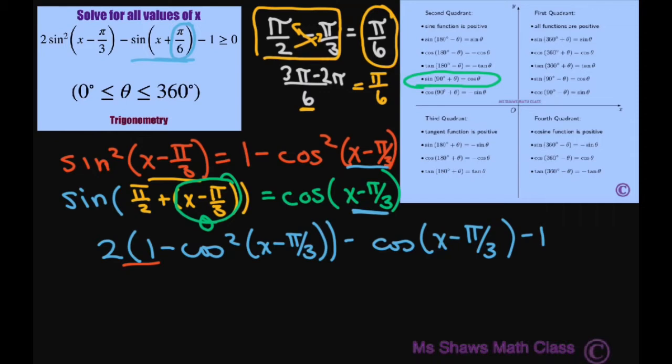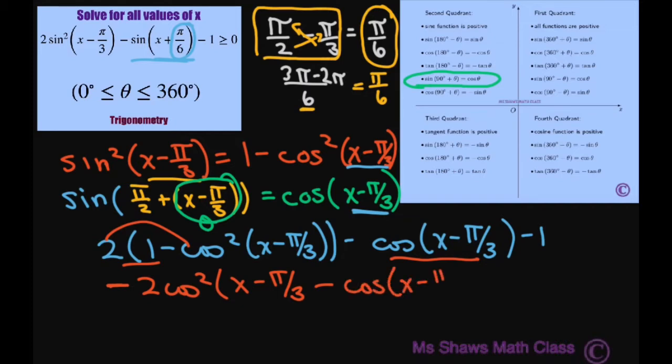If I distribute, it's negative 2 cosine squared of x minus pi divided by 3, minus cosine of x minus pi divided by 3, and then 2 minus 1, so that's plus 1, greater than or equal to 0.